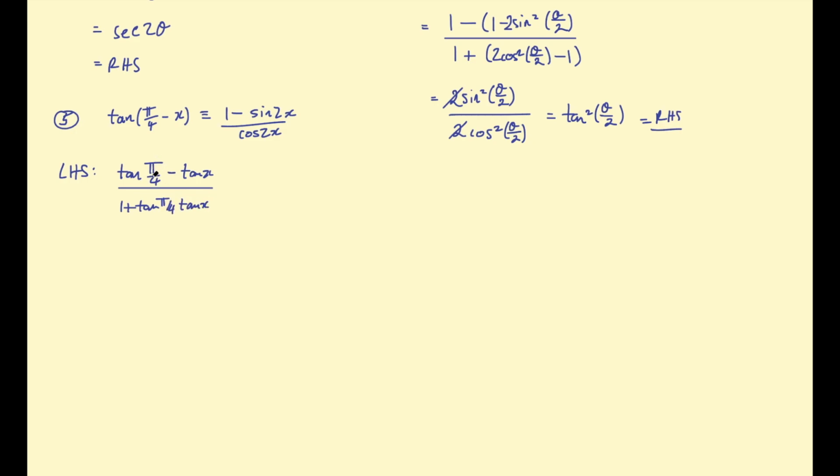The tan of pi on 4 you should know is 1. Think back to your exact values of trig functions. So in the numerator, we've got 1 take tan of x. And in the denominator, this would be 1, so we've got 1 plus tan of x.